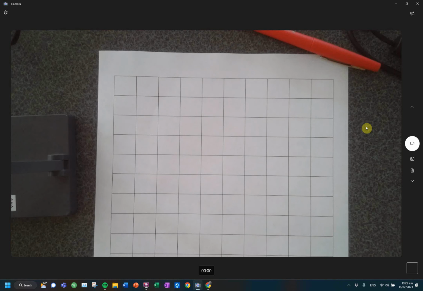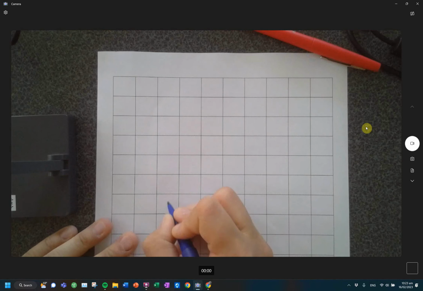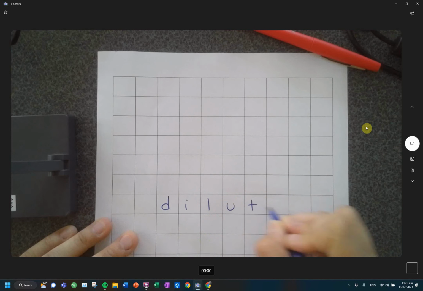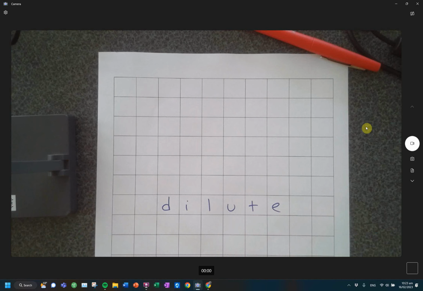So let's say, for example, I want to do 1, 2, 3, 4, 5, 6, 7, 8, 9, 10, 11, 12. That's too long. Let's say I want to do dilute. So I'm putting that down as my first word for building my crossword. Now, when you build a crossword, remember that whatever you build, you need to then put the other letters in reference to it.